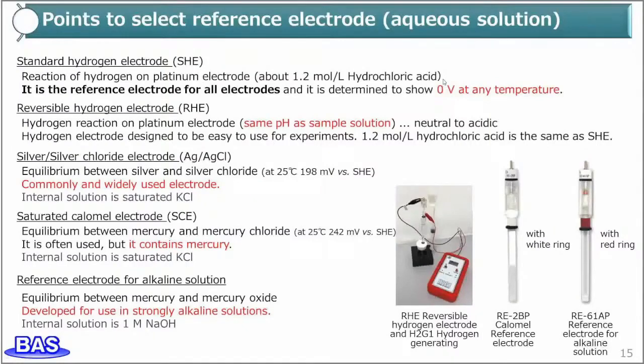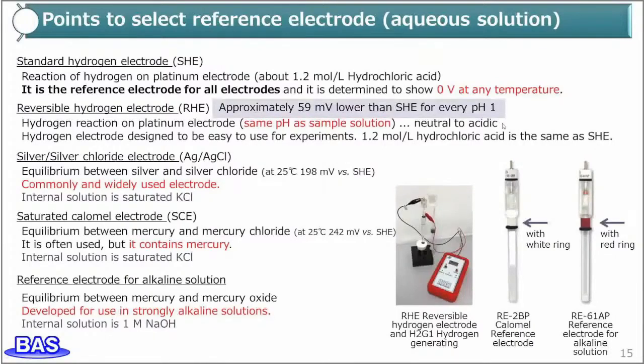On the other hand, reversible hydrogen electrodes are designed to be used at the same pH as that of the sample, and we offer such an electrode as shown here. Our reversible hydrogen electrode is easy to handle because the pH can be freely selected in the neutral to acid range and hydrogen gas can be stored and used.